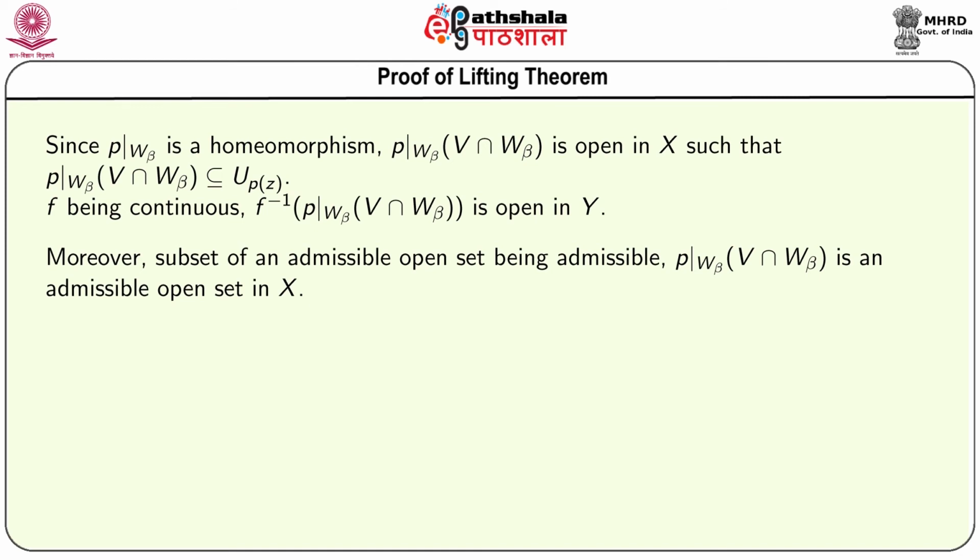So, P restricted to W beta operated on V intersection W beta is an admissible open set in X.